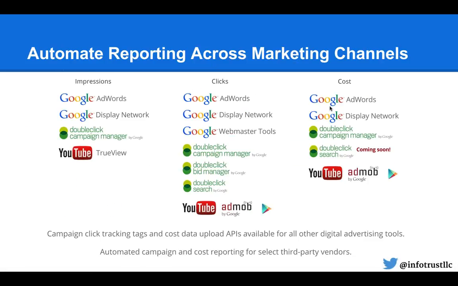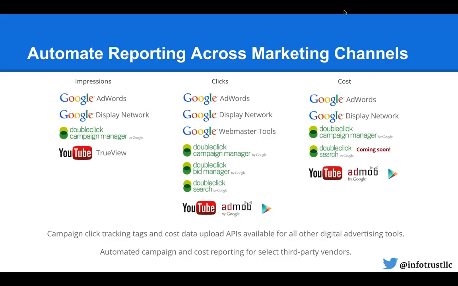Now, one thing I want to explain as well, as far as the connection between marketing channels and Google Analytics Premium, is not only to see sessions and revenue and activity on the site that happened after users came from these different marketing channels, but also the pre-session activity that might have occurred. Clicks, impressions, and even cost of your different marketing channels or advertising that you're doing can also be pushed into Google Analytics.